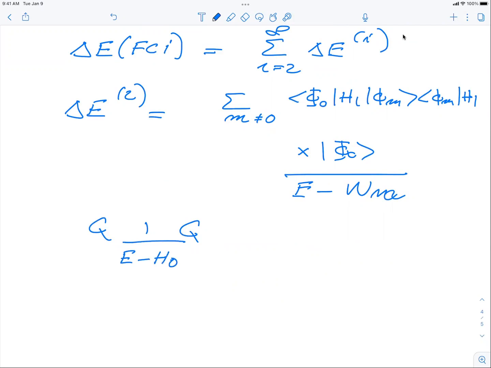Now, when you expand this, what you get is H0 acting on Q, H0 squared acting on Q, and so on. And we know that H0, when it acts on one of these states, is equal to Wm multiplied with a state, because these are eigenstates. These are still many-body states. Keep that in mind. So here we haven't made an explicit calculation of what these quantities are.